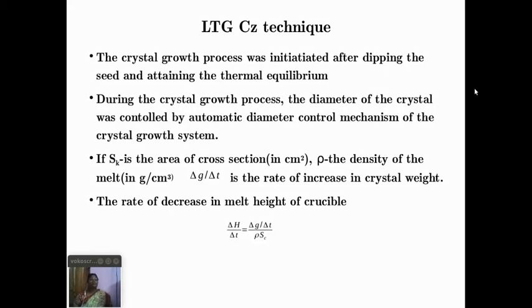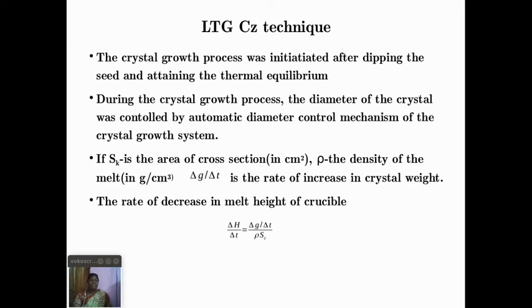The crystal growth process was initiated after dipping the seed and attaining the thermal equilibrium. During the process of crystal growth, the diameter of the crystal was controlled by automatic diameter control mechanism of the crystal growth system. If Sk is the area of cross section in centimeter square and rho is the density of the melt in gram per centimeter cube, delta G by delta T is the rate of increase in the crystal weight.